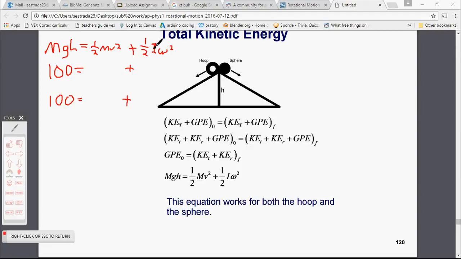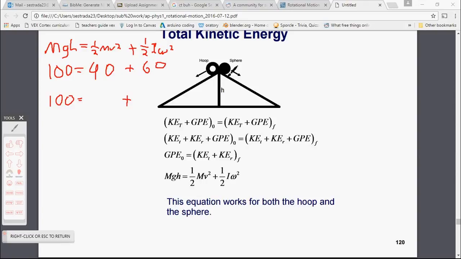So if the hoop has a bigger I, it's going to have a bigger rotational inertia. Let's say that this is 60, an arbitrary number right here. That means that the translational, linear kinetic energy is going to be 40.